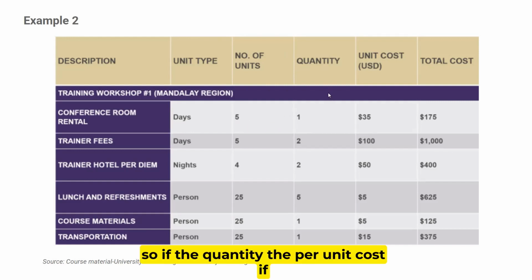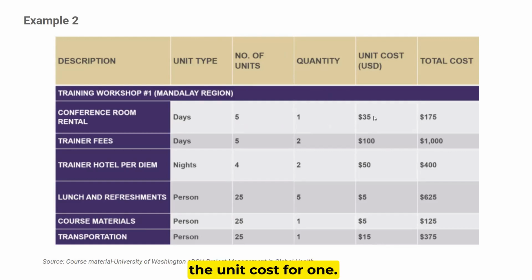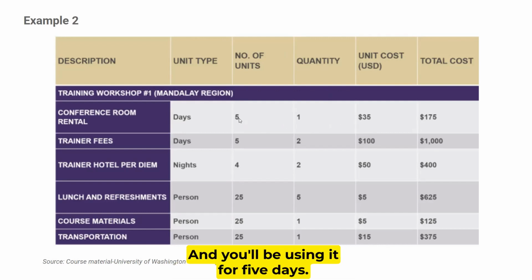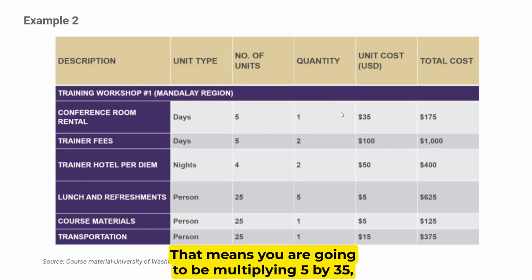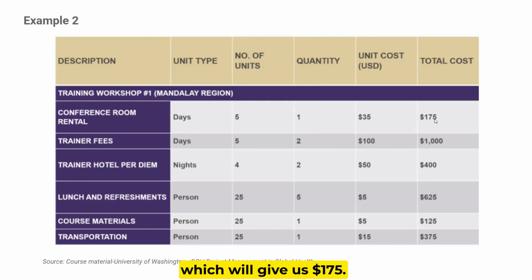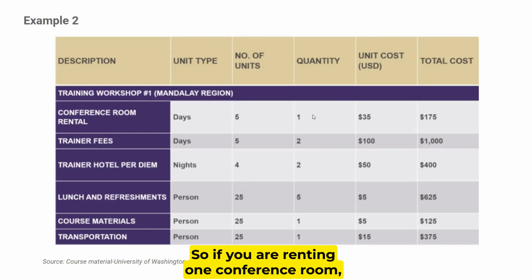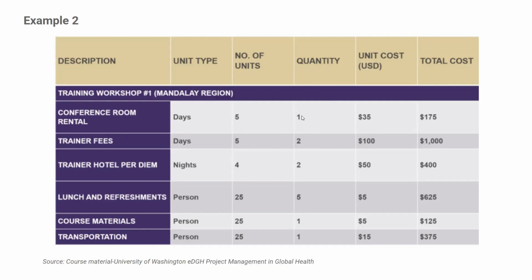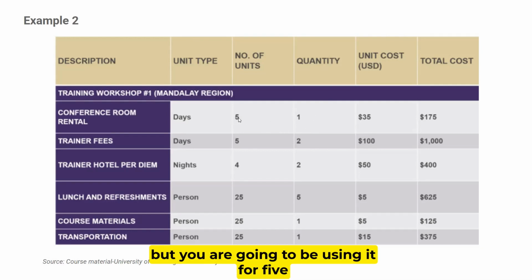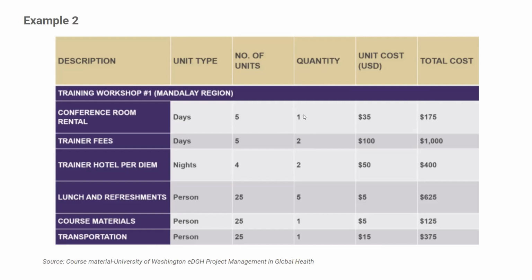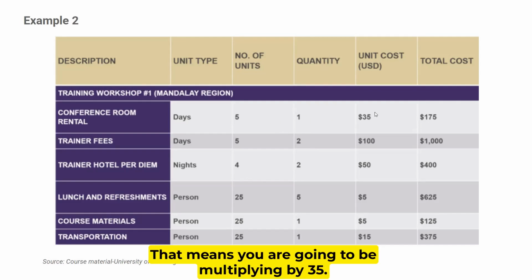So if the unit cost for one conference room is $35 and you'll be using it for 5 days, that means you are going to be multiplying 5 times 35, which will give us 175. So if you are renting one conference room, but you are going to be using it for 5 days, and each day costs $35, that means you are going to be multiplying by 35.